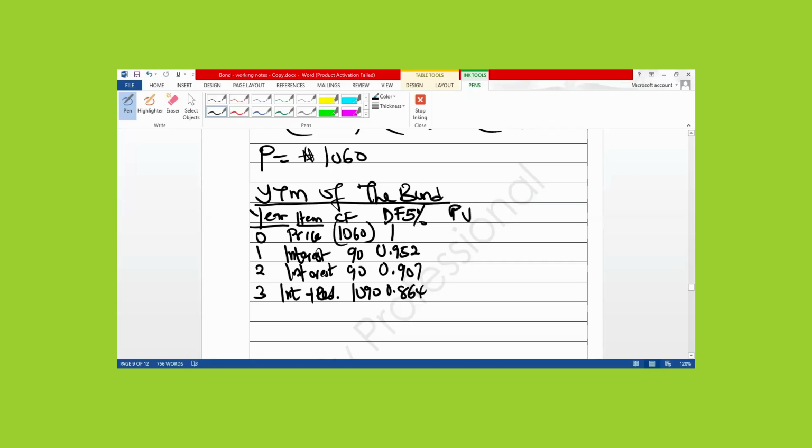Present values: 1060 outflow, 90 multiplied by 0.952 is 85.68, then 81.63, then 41.76.